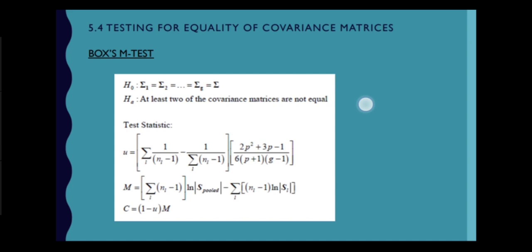Alternative hypothesis, at least two of the covariance matrices are not equal, or we can write it as the covariance matrices are not equal.